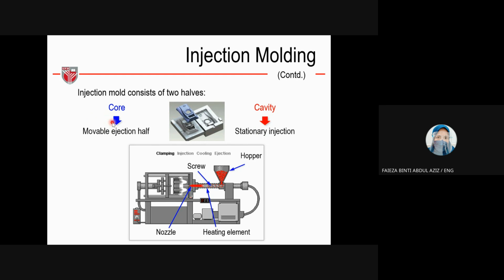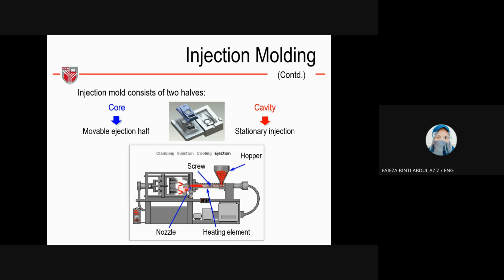As you can see at the bottom here, this is the process. Look at this animation and the bold text near it. Just now, we start from here. We put the materials in the hopper, and then they start clamping, and then inject the molten materials here, and then they wait until cooling, and then eject.